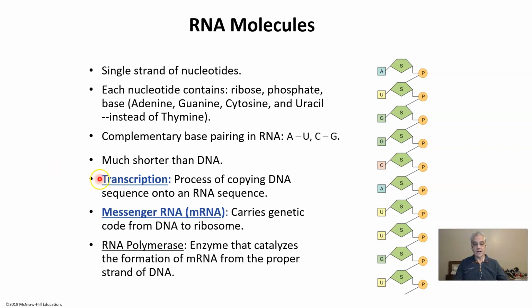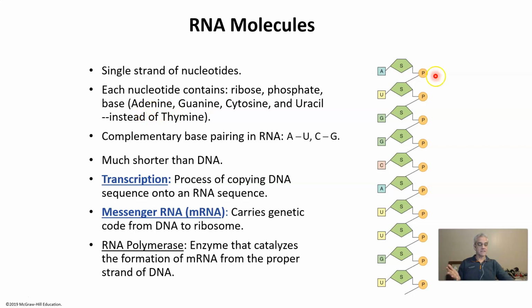So you're going to find that RNA tends to be a lot shorter, a lot smaller than DNA. DNA is millions of bases long. RNA may be hundreds or thousands of bases long. So it's shorter. The other big difference here is that there is a base missing, or a base replacement, if you will.